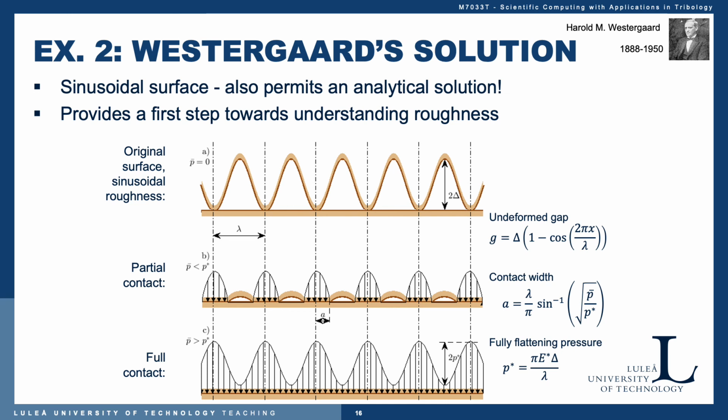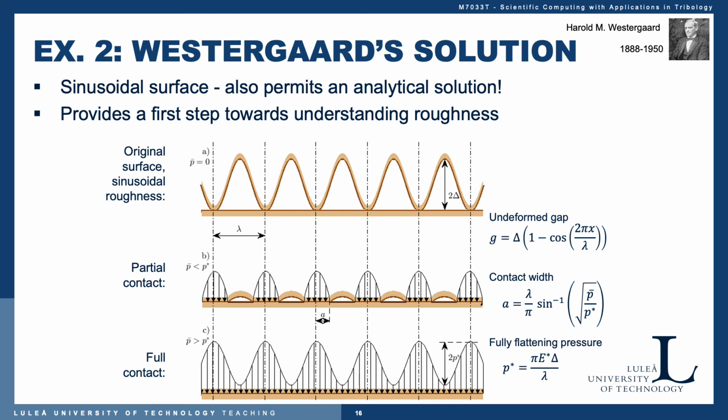Another analytical solution is the one by Westergaard. He studied a periodic surface roughness, namely a sinusoidally shaped surface topography with elastic properties, and this was pressed against a rigid plane. He modeled the undeformed gap G by means of a cosine function, with delta to model the amplitude and lambda to model the wavelength of this undeformed gap.